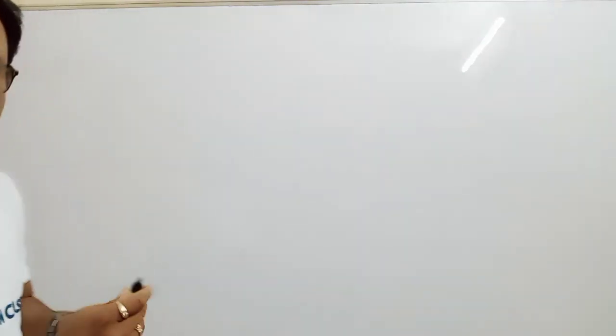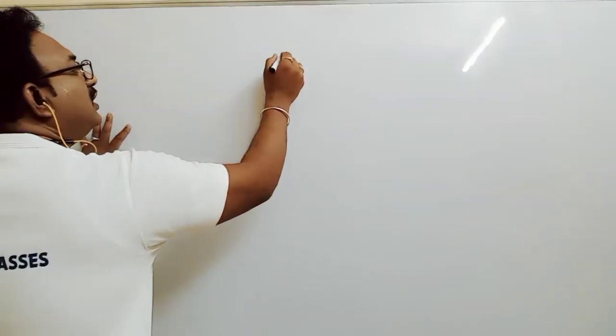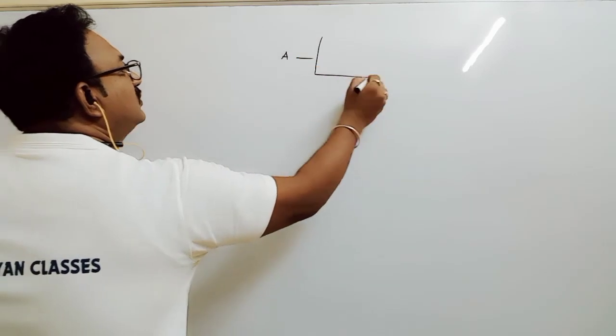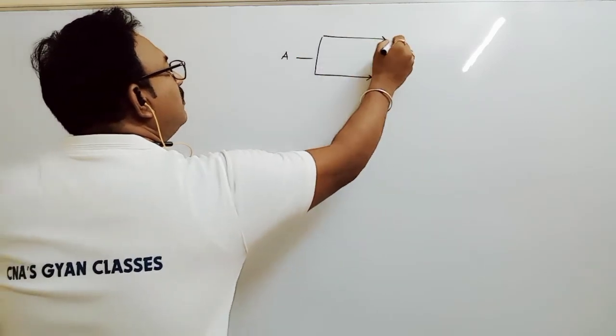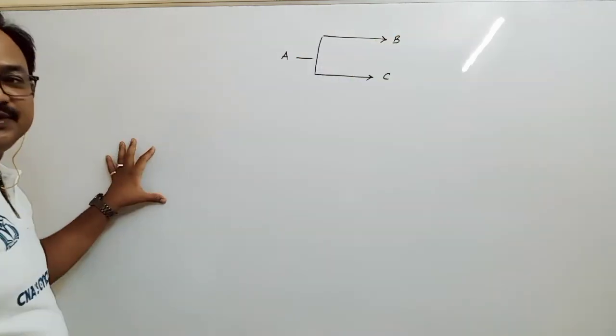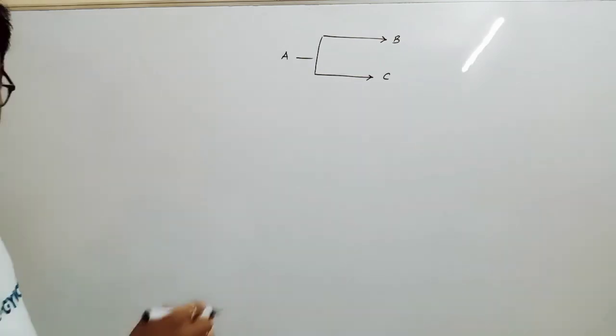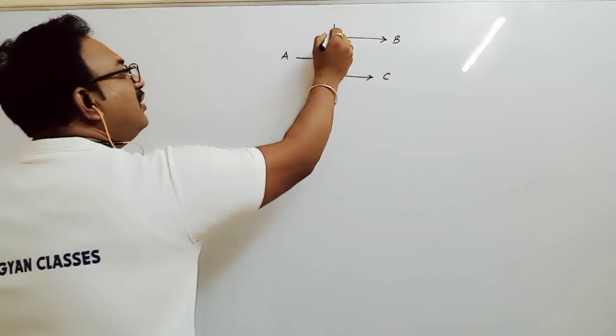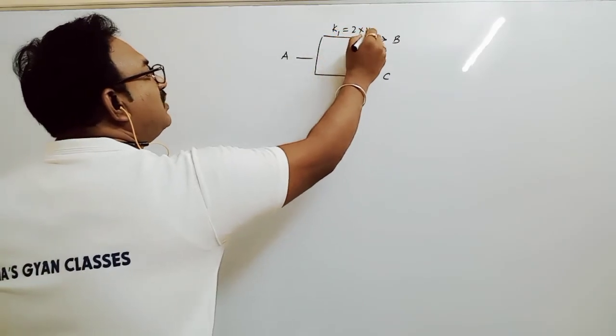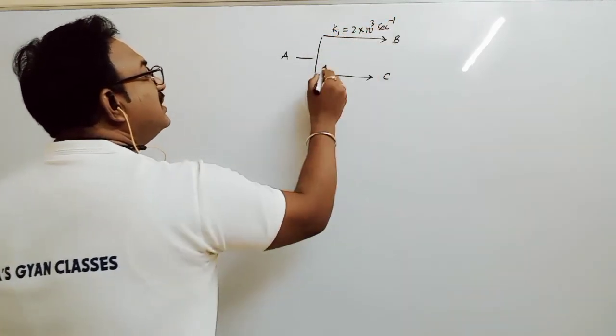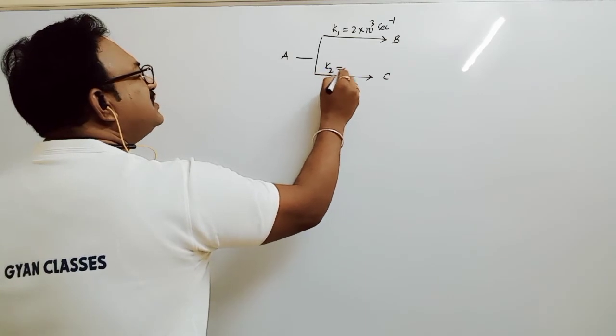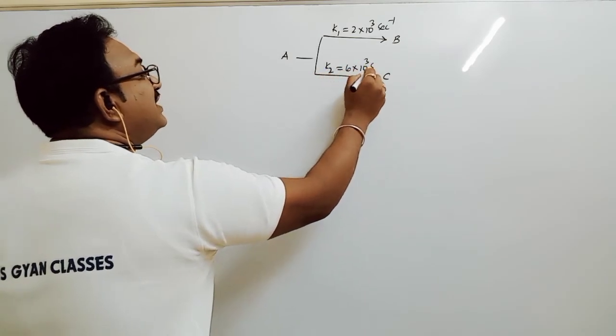Okay, go through another question. A gives rise to B and C. A gives rise to B and C. Rate constants are given as K1 is equal to 2 into 10 power 3 second inverse, K2 is equal to 6 into 10 power 3 second inverse.